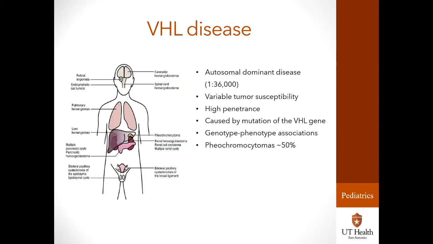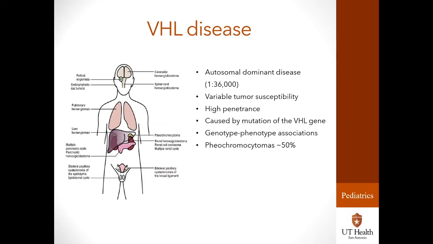Let's focus now on VHL disease, which is the diagnosis of our patient today. This is an autosomal dominant disease that is present in 1 in every 36,000 births. It has the potential to impact multiple tissues of various embryonic origins.